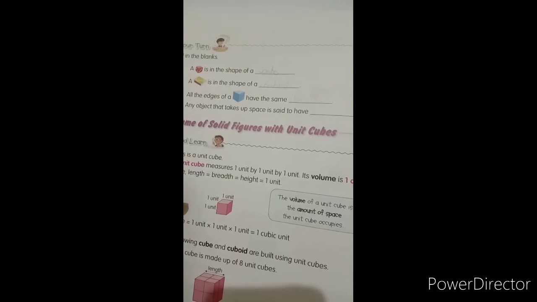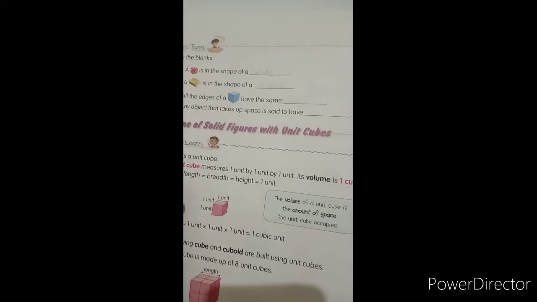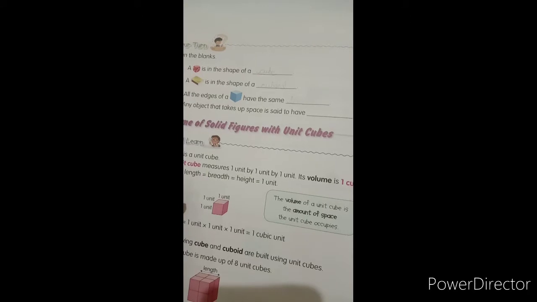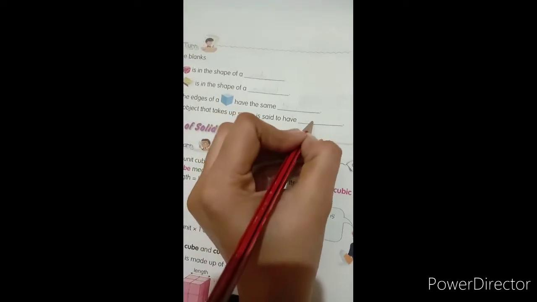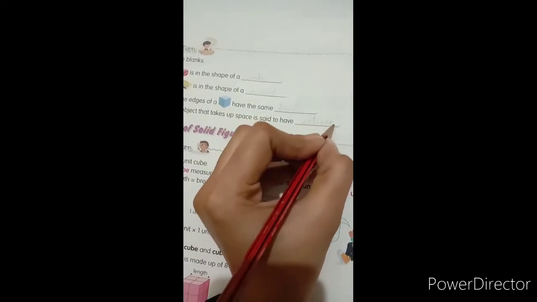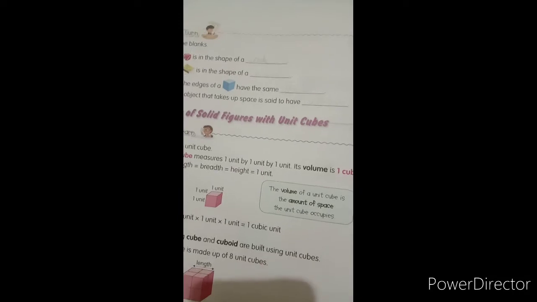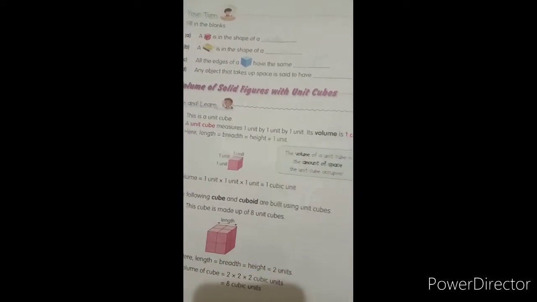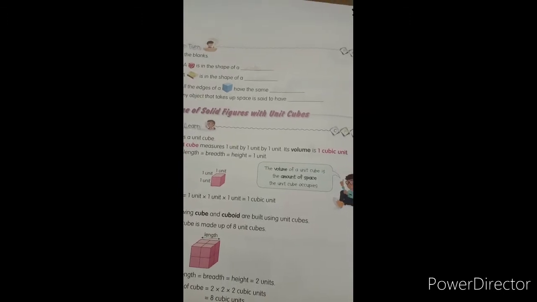Then the next is any object that takes up space is said to have blank. So any object that takes space, what do we call it? This is volume, meaning it has volume.